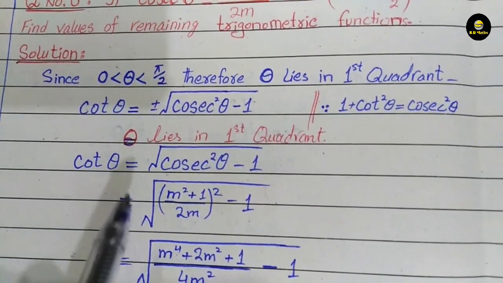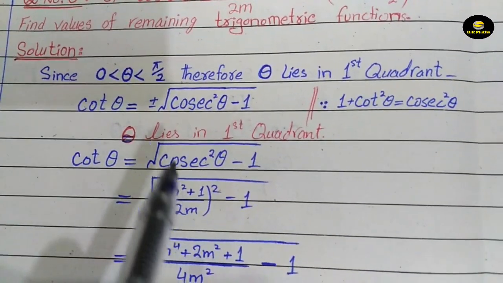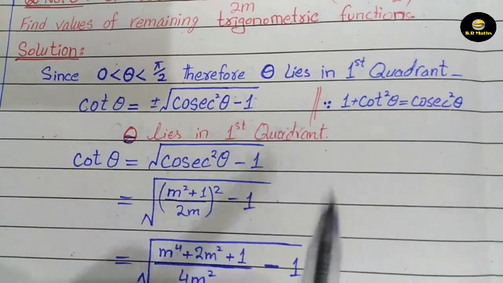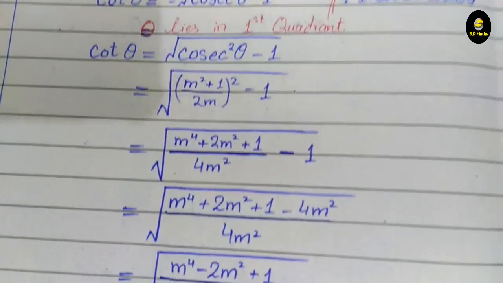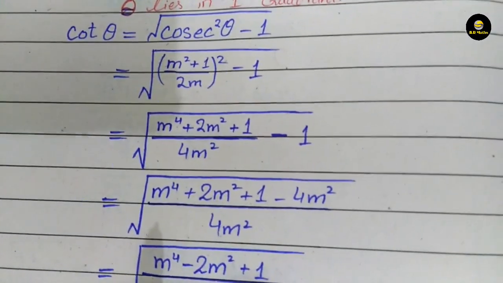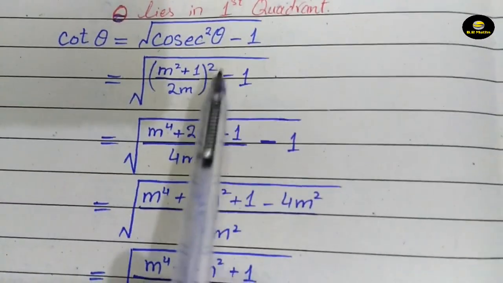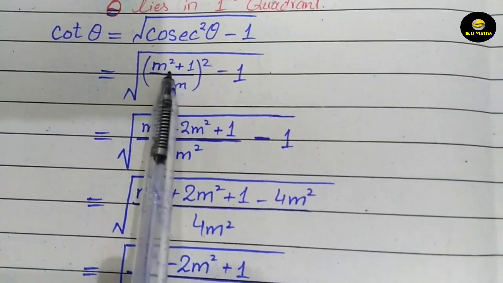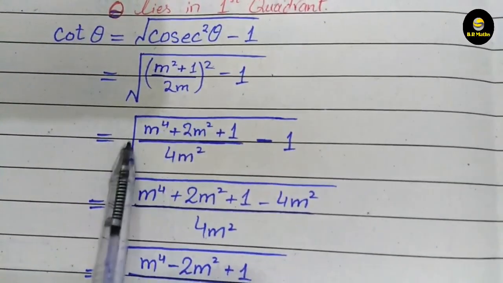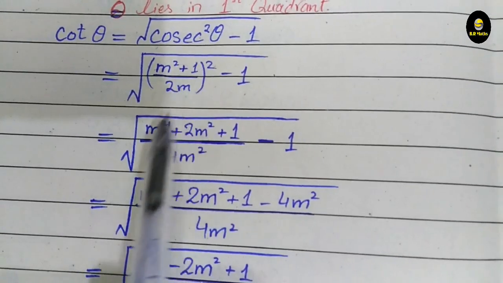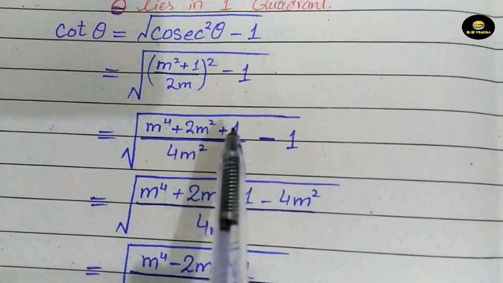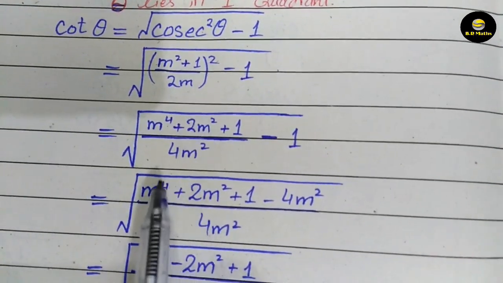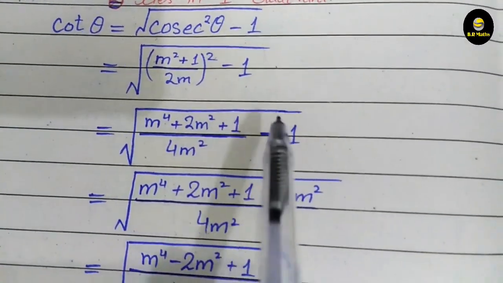So cot theta is equal to square root of cosecant square minus 1. Put the values. Cosecant is m square plus 1 divided by 2m. So take the square, apply the formula a square plus b square plus 2ab. So m to the 4 plus 2m square plus 1, divided by 4m square, minus 1.